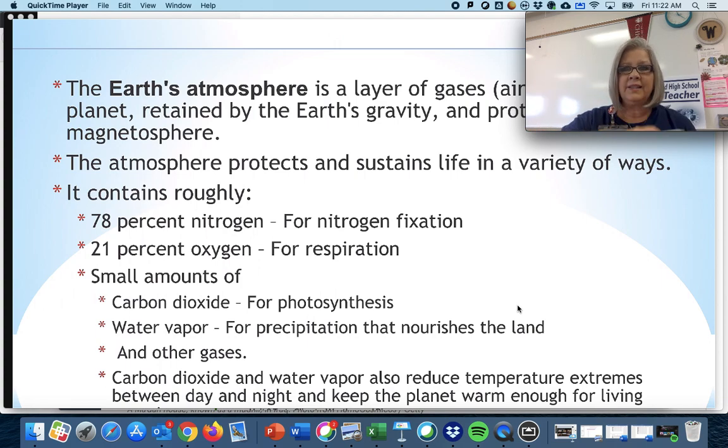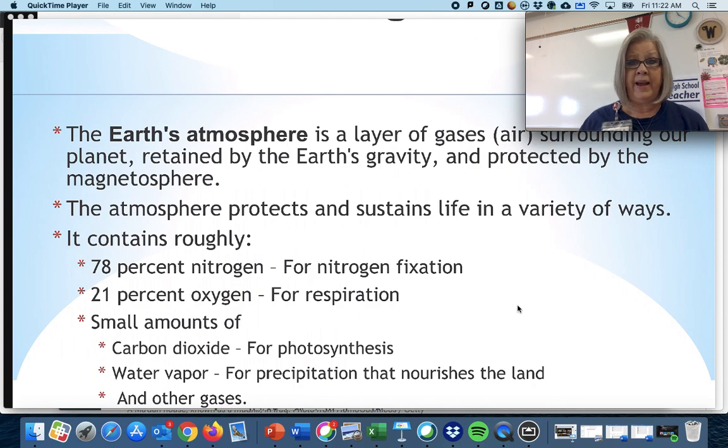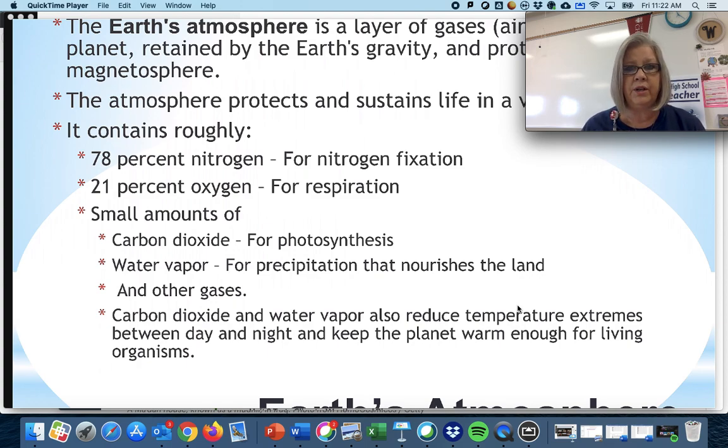The reality is it's all one stacked system, layers upon layers upon layers. Basically, our atmosphere is layers of gas held together by Earth's gravity and protected by the magnetosphere.